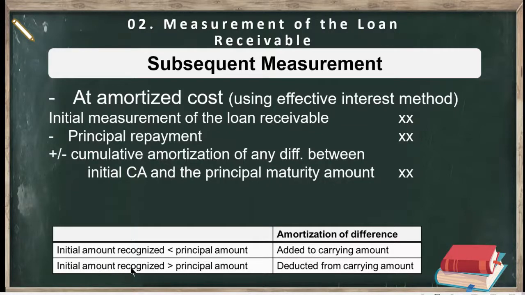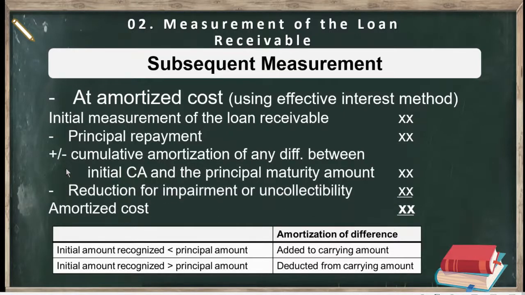But if the initial amount recognized is greater than the principal amount, the amortization of the difference will be deducted from the carrying amount. So it depends on the condition whether to add or deduct. That would be the total amortized cost.